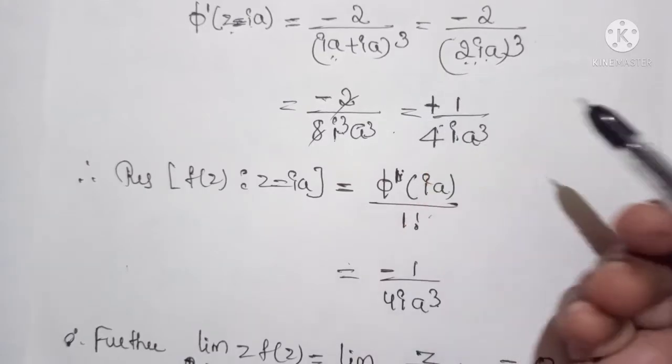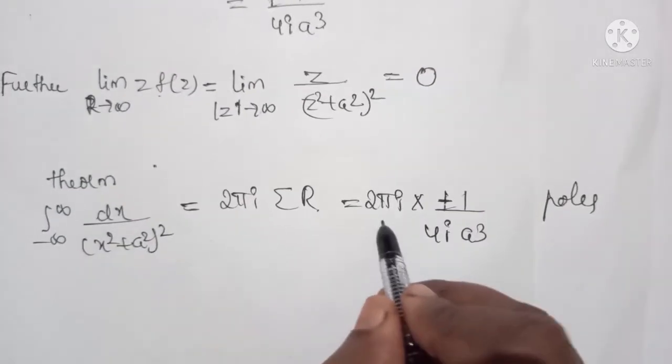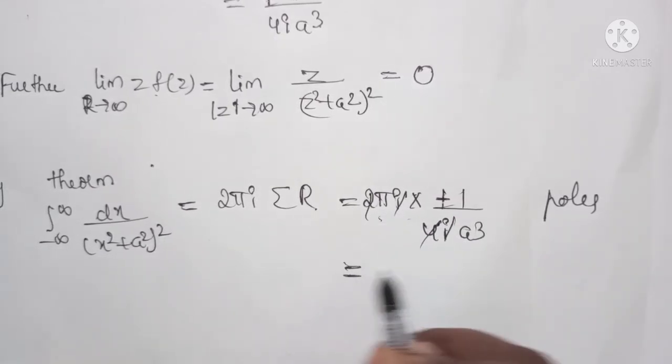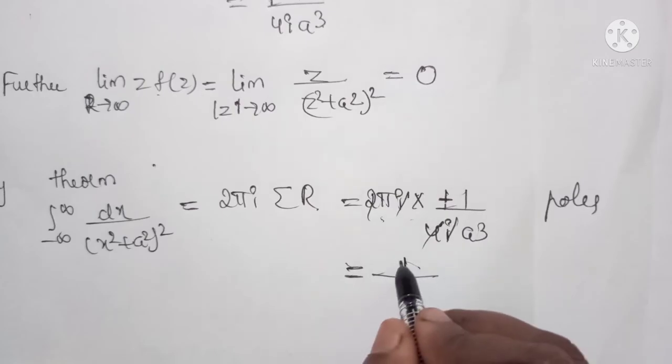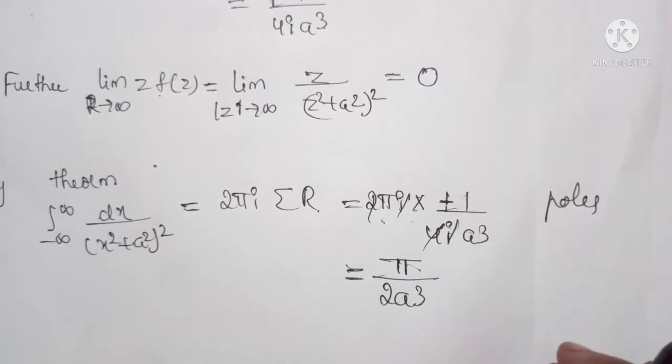Minus into minus gives plus, i cancels, 2 cancels, and we get pi divided by 2a cube.